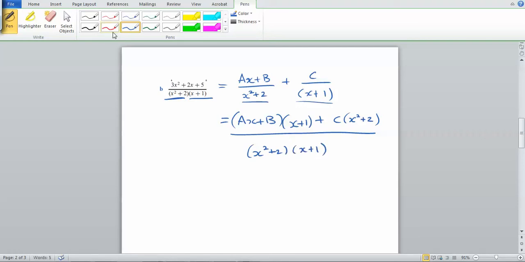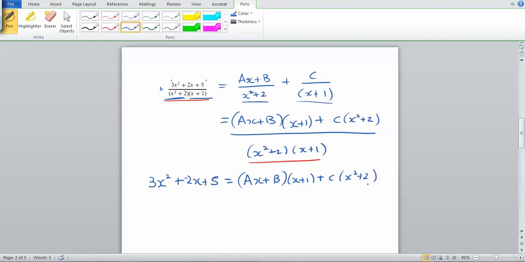Now we have the left-hand side equal to the right-hand side, so we can just forget about the denominator for the time being. We have 3x squared plus 2x plus 5 is equal to ax plus b times x plus 1, plus c times x squared plus 2.